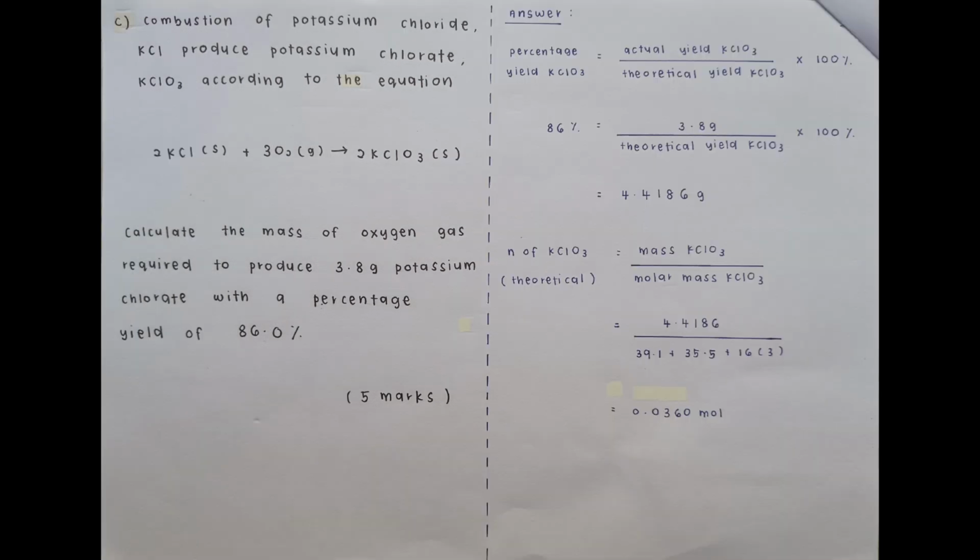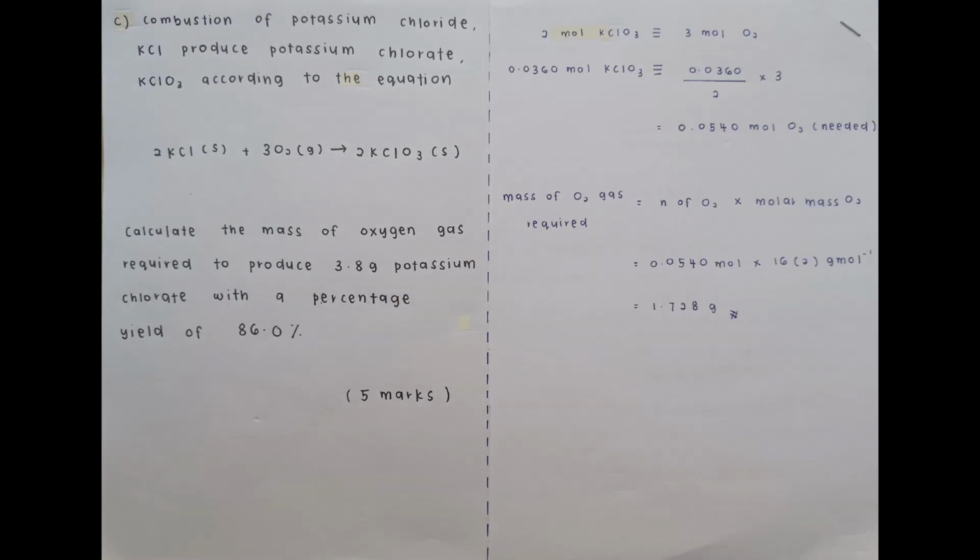To answer this question, we need to use the formula of percentage yield of KClO3 equals actual yield of KClO3 divided by theoretical yield of KClO3 times 100. Then we get 4.4186 grams for the theoretical yield of KClO3.